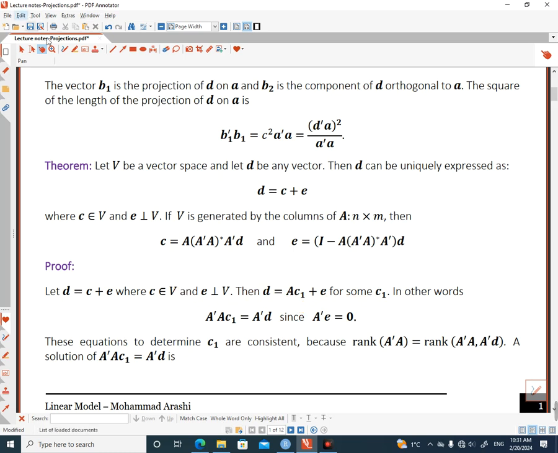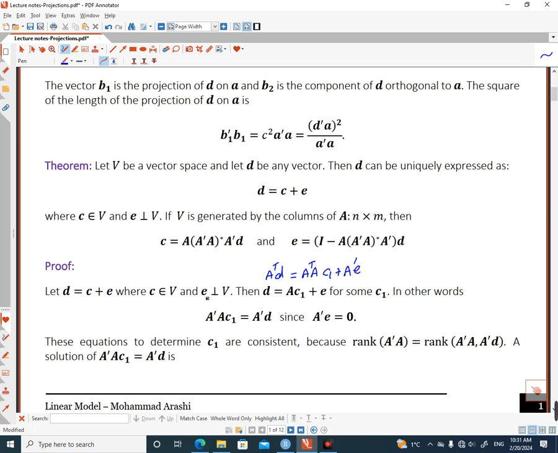Then from this formula I can write A prime D, where I use T for the transpose instead of the hash, equal to A prime A C1 plus A prime E.